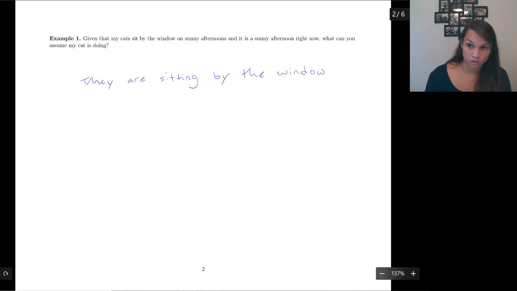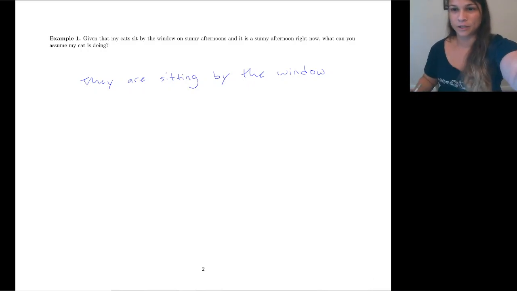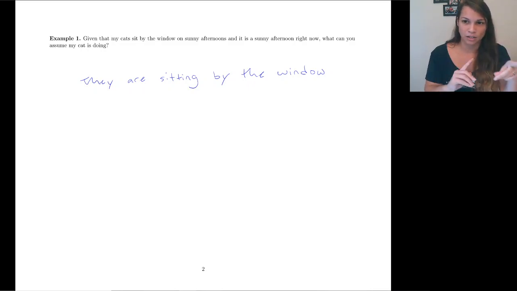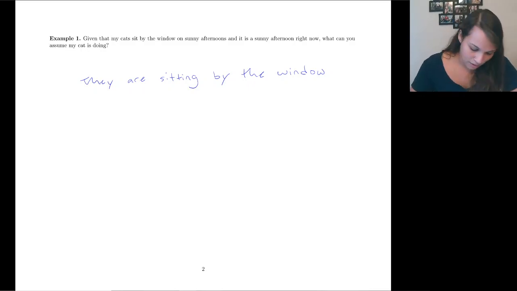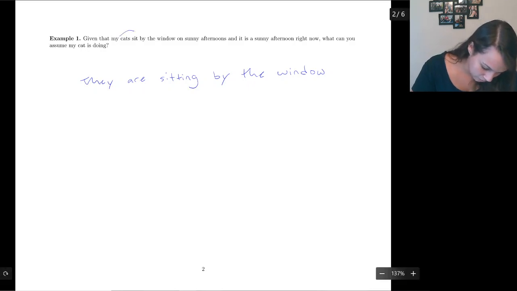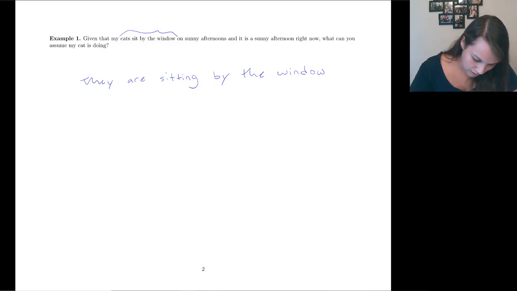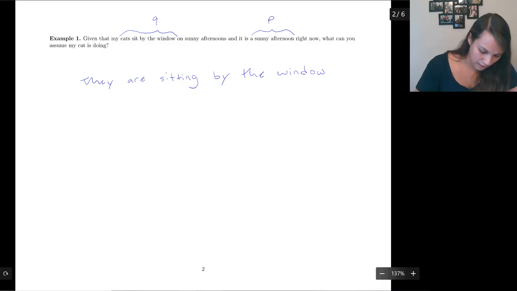You have just used a rule of inference, and you probably didn't even realize that you were doing so. What we can do is say that we've got a P and a Q statement in here. Cats sit by the window is one of them, and sunny afternoons is the other one.